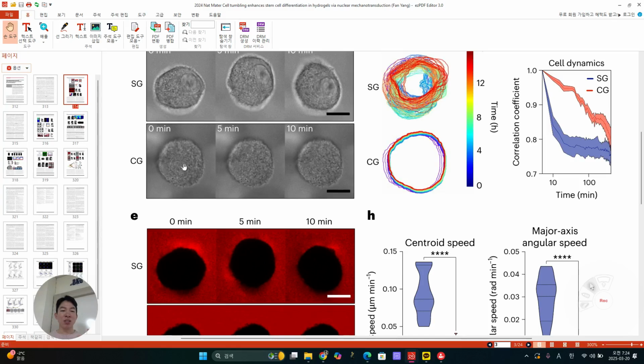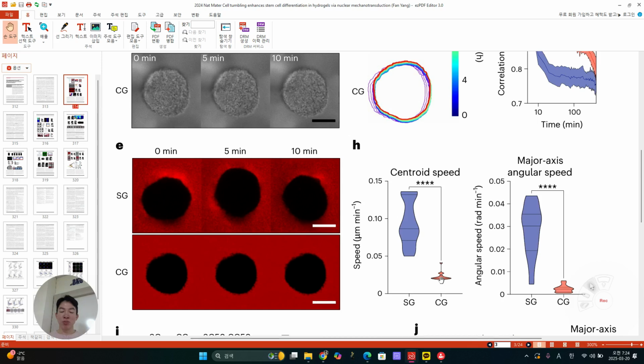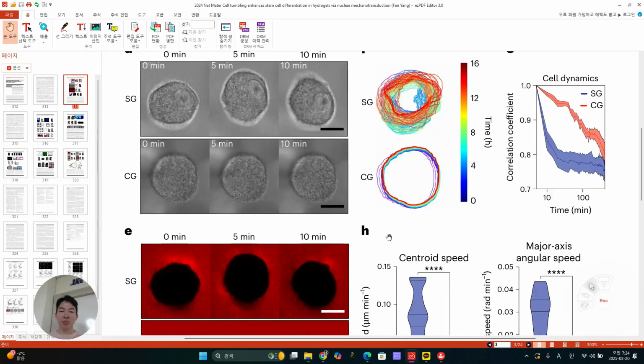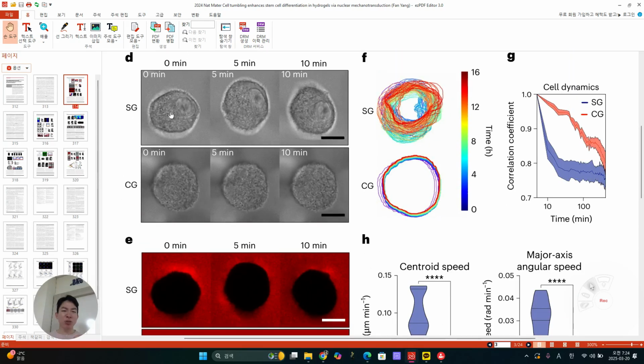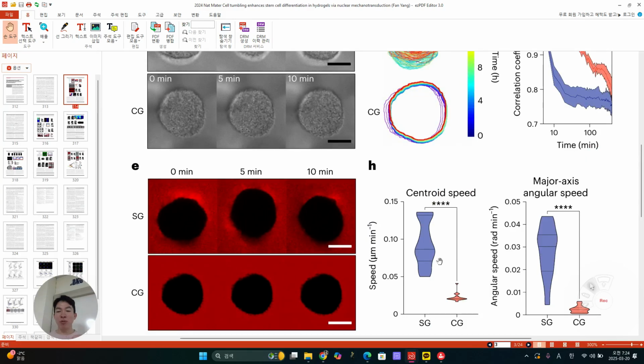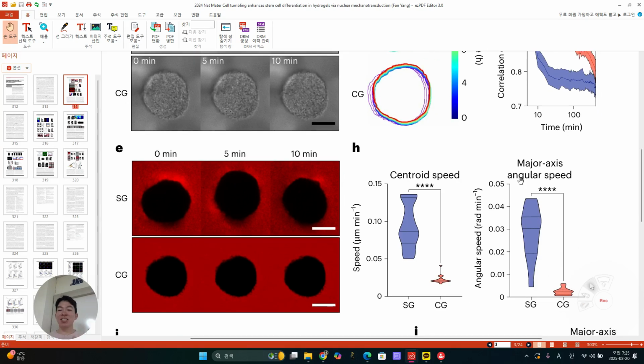So this center here. When you look at the center in CG, it is almost the same, right? It has a very low value. But when you look at SG, even though there are little changes, it is maybe 5 or 10 times higher than CG. This is from the whole-cell point of view. And then the major angular speed. Angular speed is like angular speed, right?